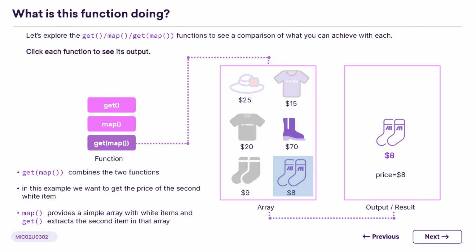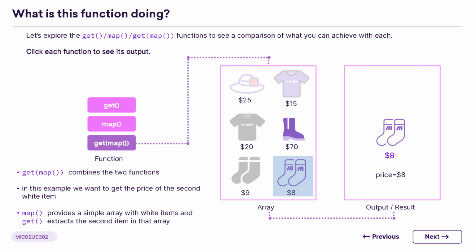In this example, we're exploring how the combined functions get, map, work together to achieve a specific goal. Imagine you have a closet full of clothes and you want to quickly find and purchase the second white item you see. Here, map acts as your sorting tool, gathering all the white items from your collection into a simple list. Once you have this list of white items, the get function comes in to do its job.